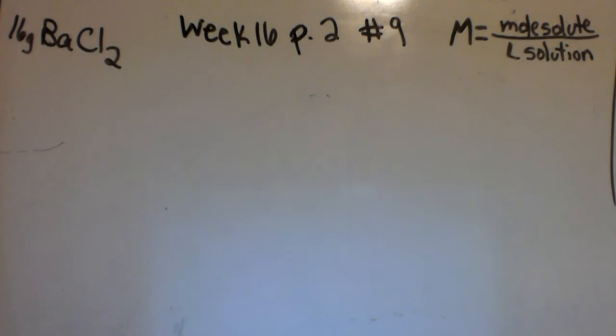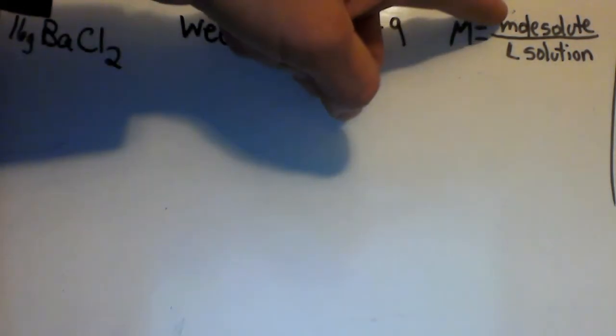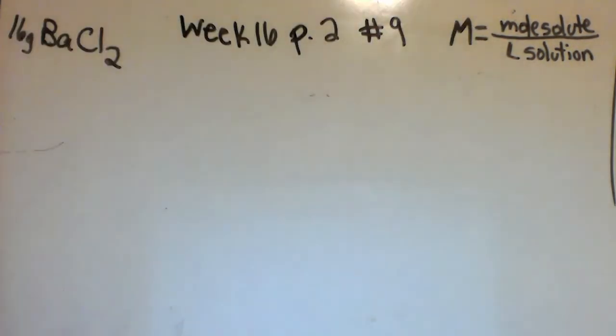We're also given the fact that we have 16 grams of barium chloride. Barium chloride is being added to water, so we know that barium chloride is the solute. Therefore, somehow we have to get 16 grams of barium chloride at the top of this fraction as moles.